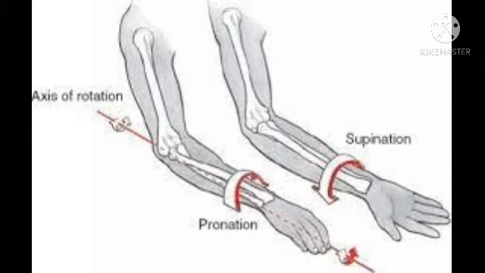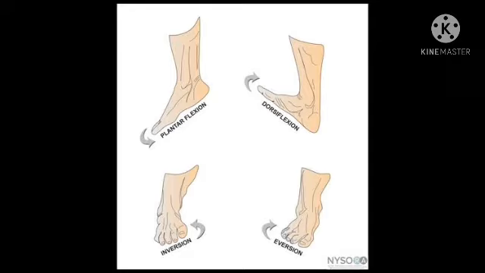Eversion and inversion are special movements at the level of the foot. Inward movement of the sole of the foot is inversion, and outward movement of the sole of the foot is eversion.